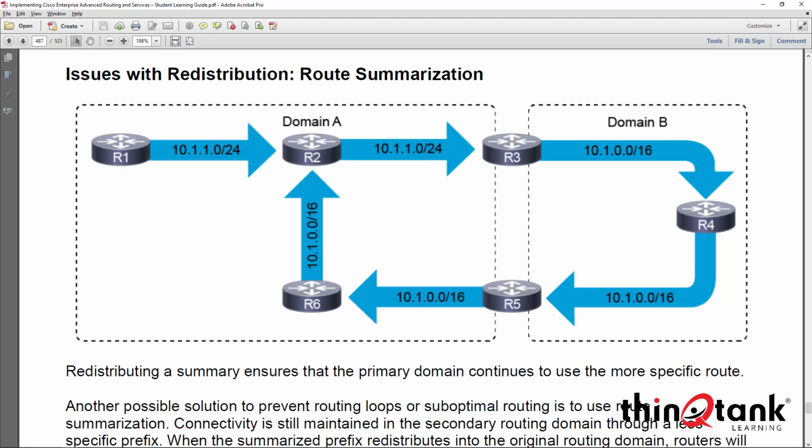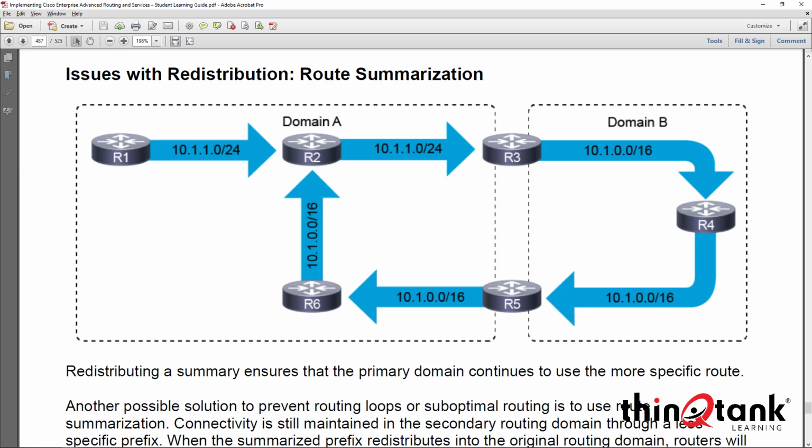In this particular diagram, you can see router 3 and router 5 are summarizing external routes in the 10.1.0.0/16 network, and the 10.1.1.0/24 network redistributes into domain B. We can see that listed here. The ASBRs advertise only the 10.1.0.0/16 network, not the more specific prefix.